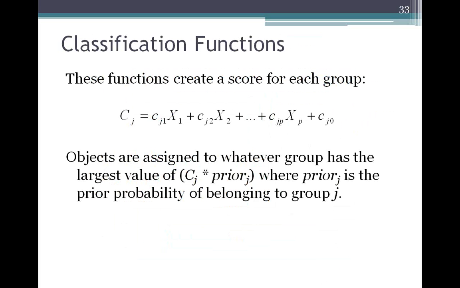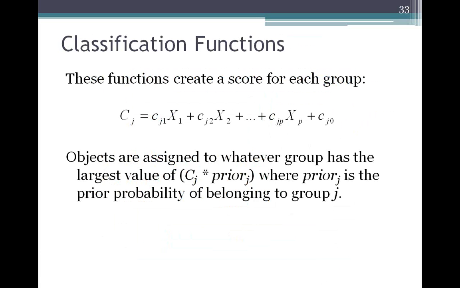I can take the discriminant functions, the mathematical discriminant functions that I've derived, and do a little mathematics, and come up instead with what are called classification functions.